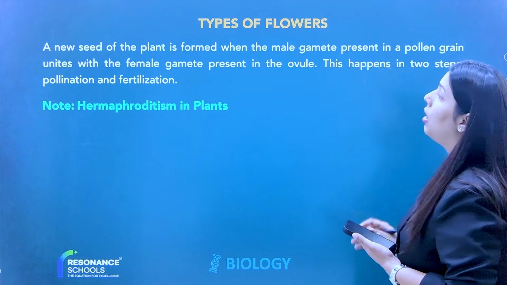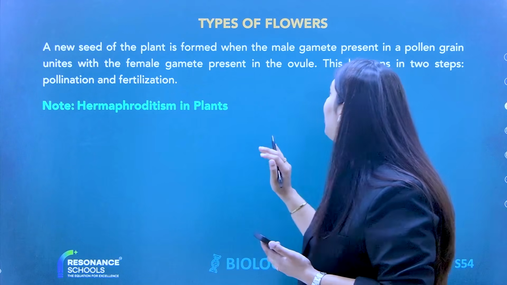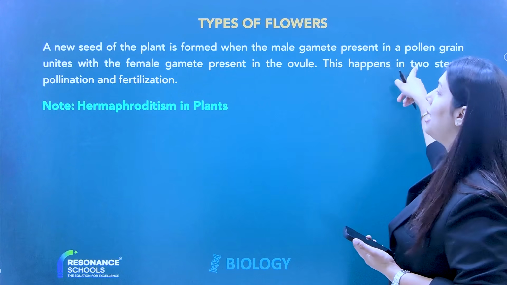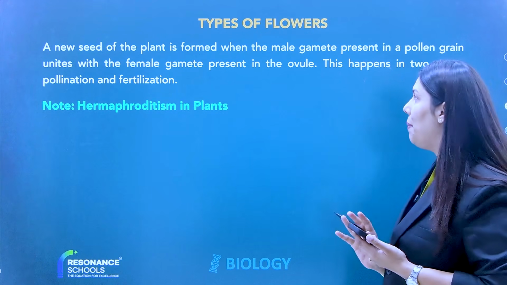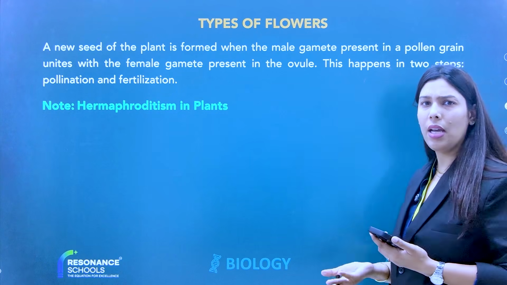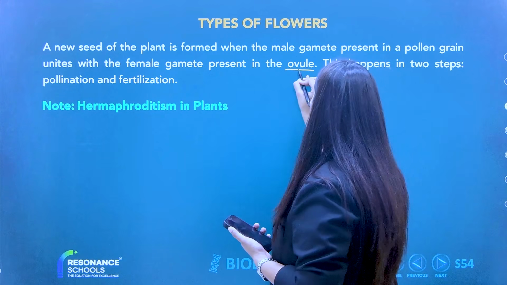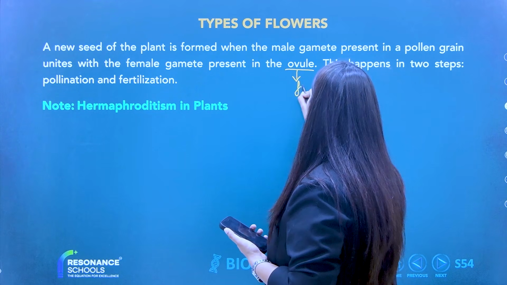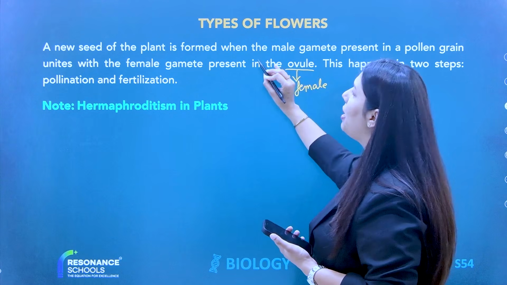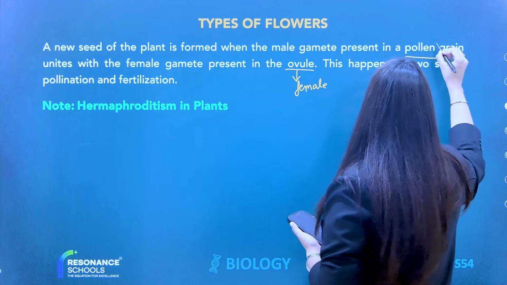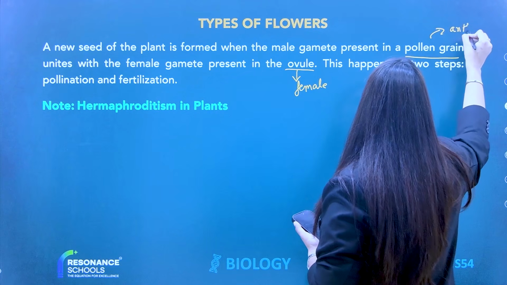Now, a new seed of a plant is formed when the male gamete present in the pollen grain unites with the female gamete present in the ovule. The ovule has the female gamete, and the male gamete is in the pollen grain, which is present in the anther.